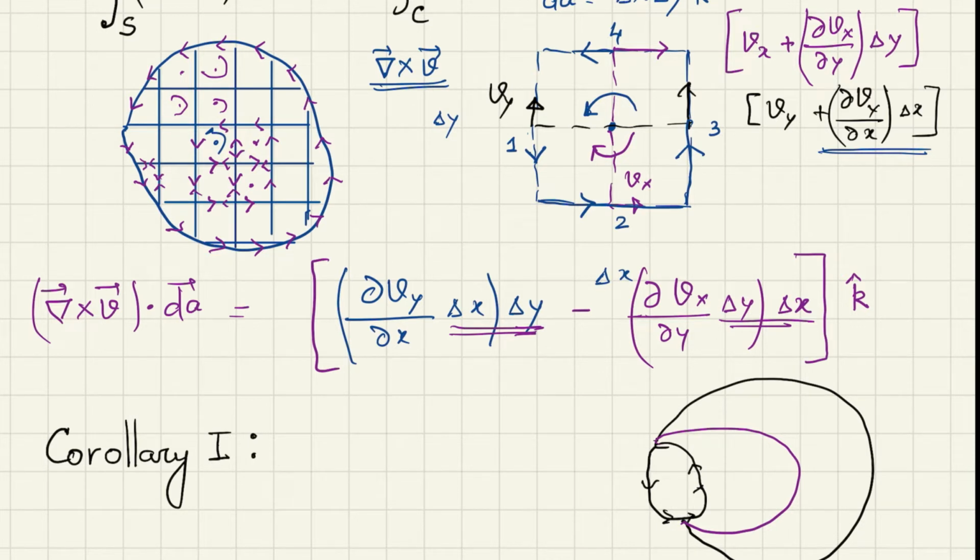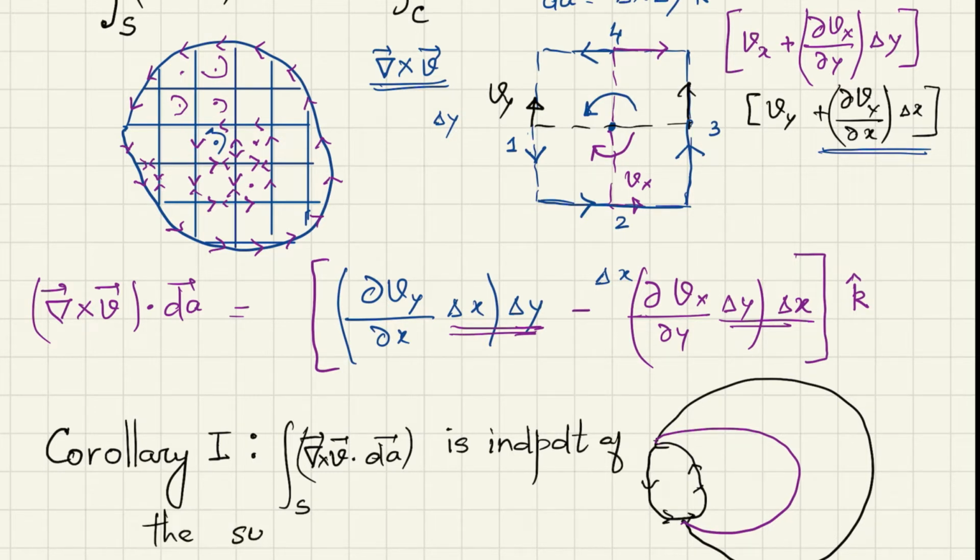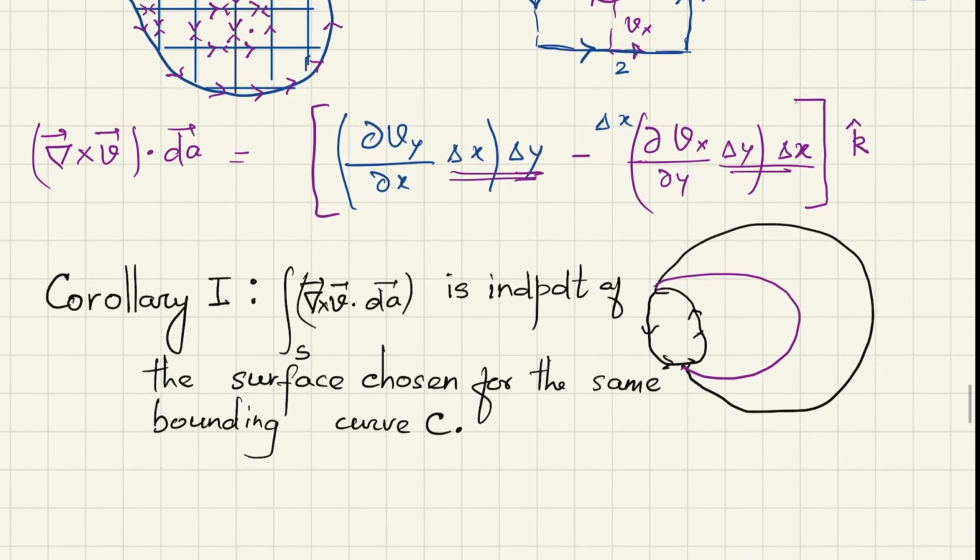So corollary one is that del cross V dot dA over the surface S is independent of the surface chosen, for the same bounding curve C. So this is the surface independence.